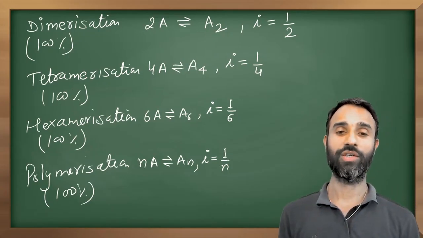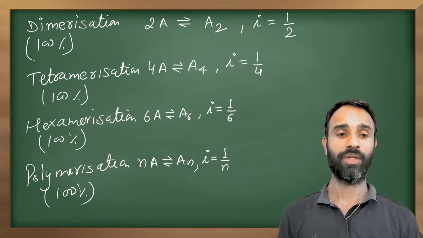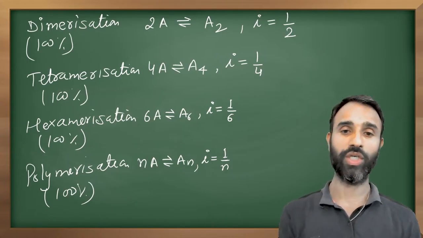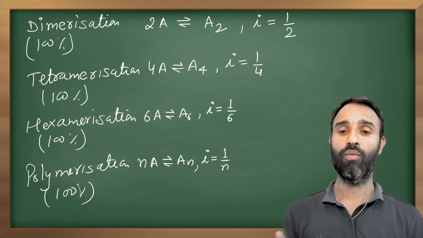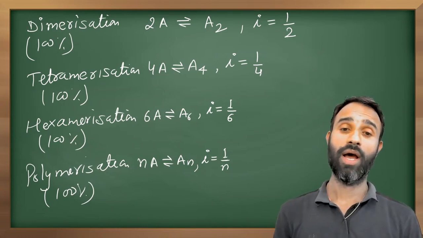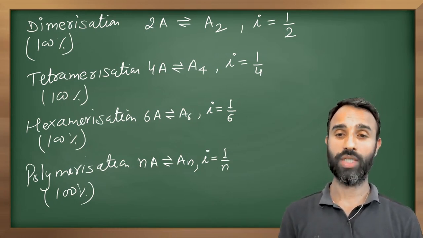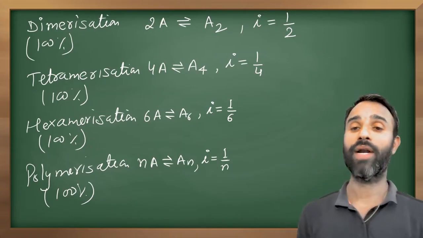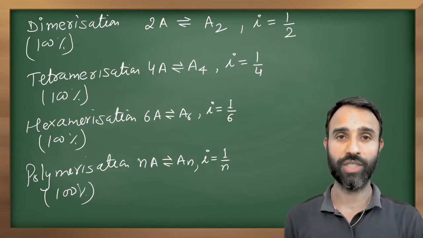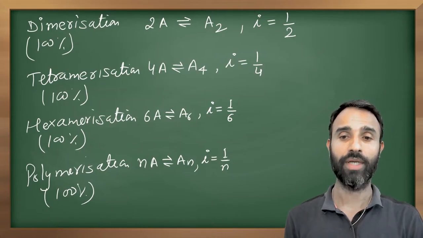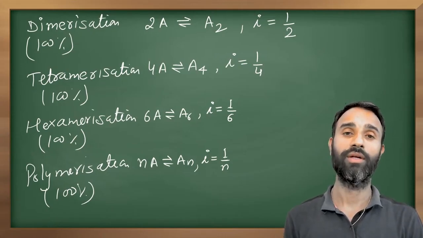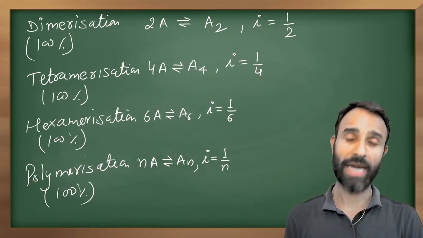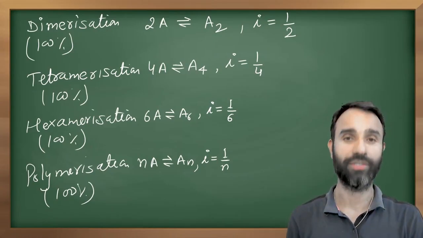So that's the theoretical part of association, dissociation, Van't Hoff factor, abnormal molar mass. Keep in mind that whenever association takes place, molar mass will increase and colligative property will decrease.